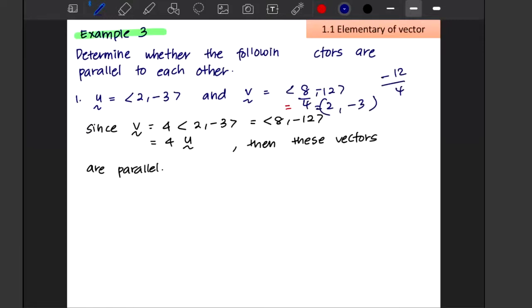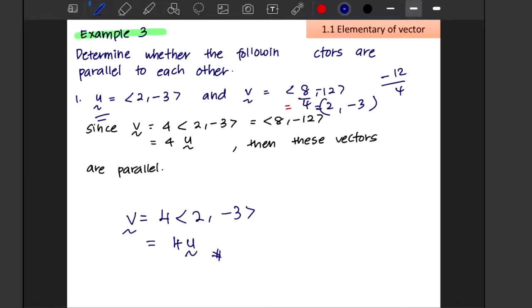So that's why U and V are parallel, because we can write vector V equal to 4 multiplied by 2, negative 3, and 2, negative 3 is vector U. If you can write it in the form of scalar multiplication, then they are parallel.